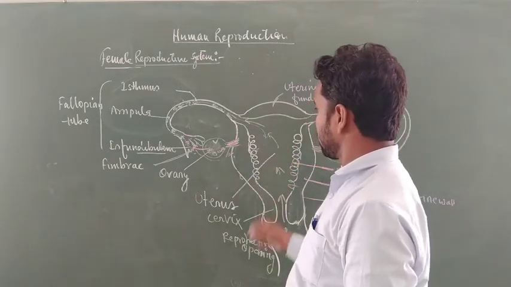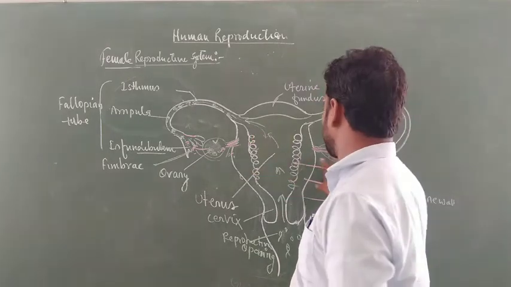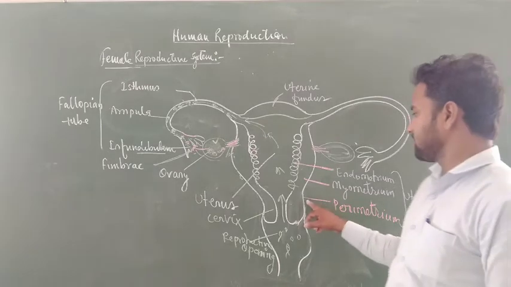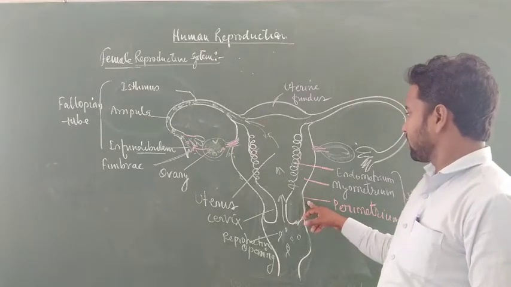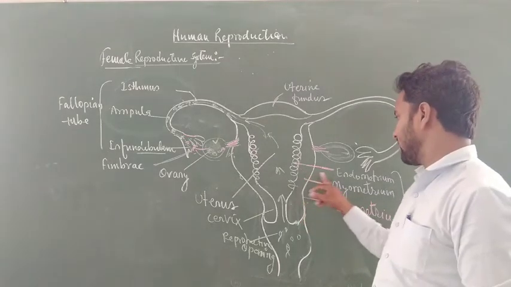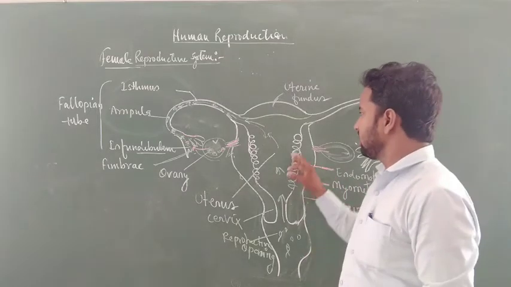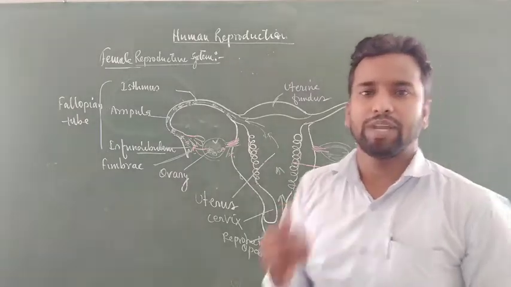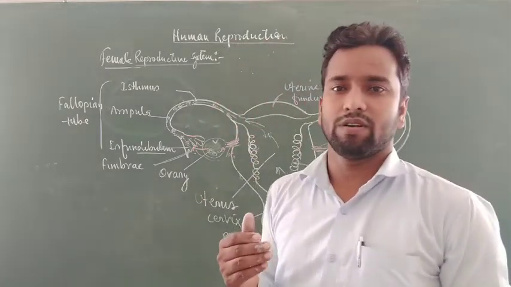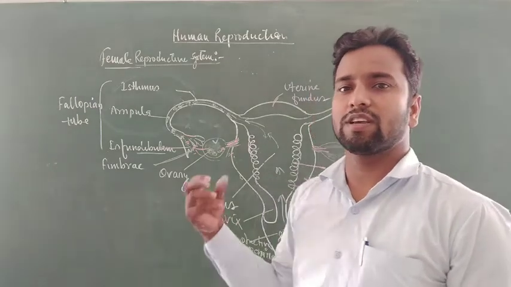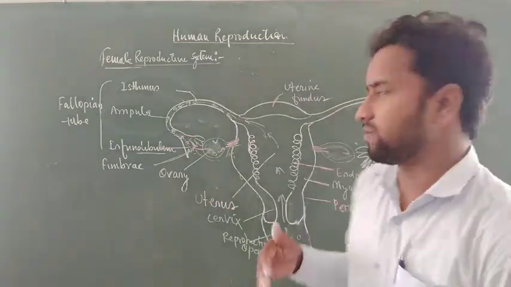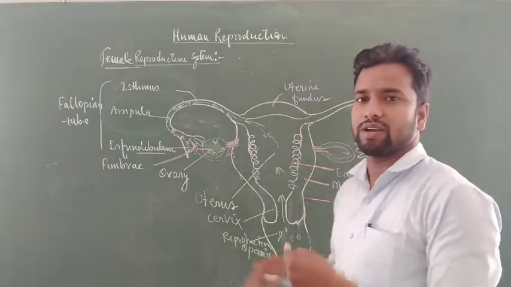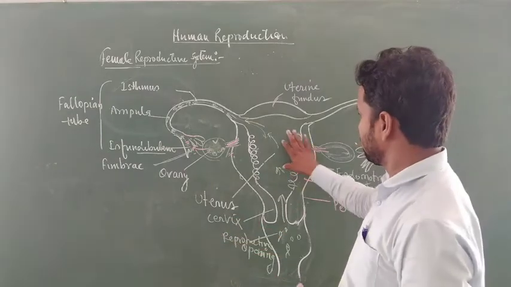The uterus is differentiated into three layers: endometrium, myometrium and perimetrium. The perimetrium is the outermost, peripheral layer, the myometrium is the middle layer, and the endometrium is the inner layer. Due to periodic menstruation, the endometrium is shed and forms new tissue again each month.